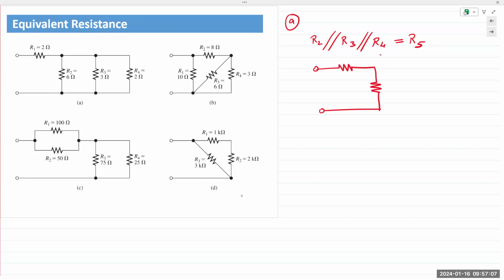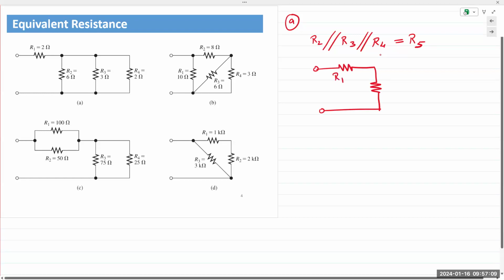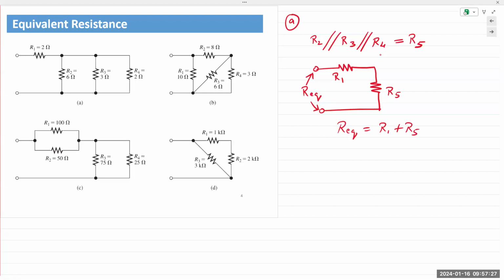But proceed step by step. So this is R1. This is now R5. You can now find Req between the outer terminals. And Req is simply R1 plus R5.